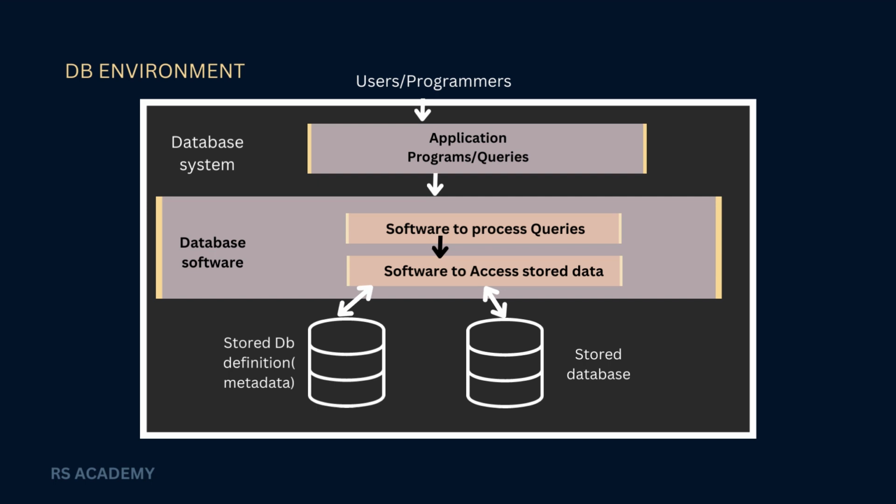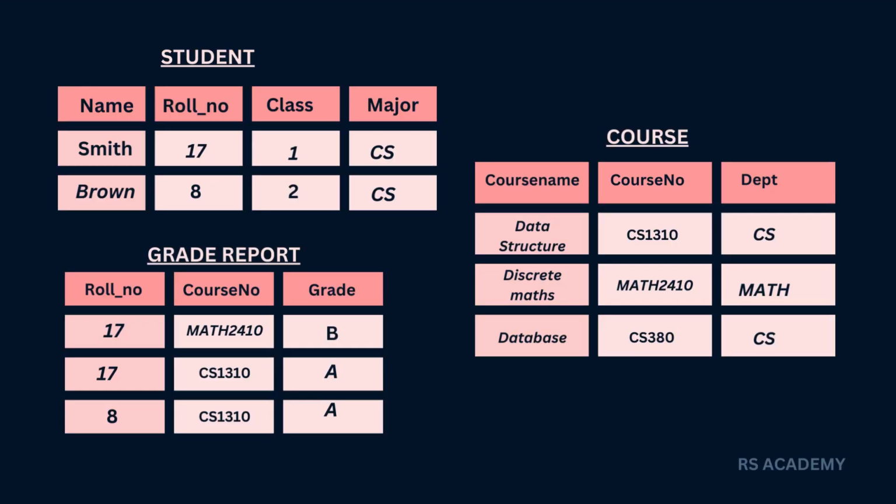Finally, to understand a database and its functionalities better, we will look at an example of a university database that stores student and course information. So here I have taken three tables.